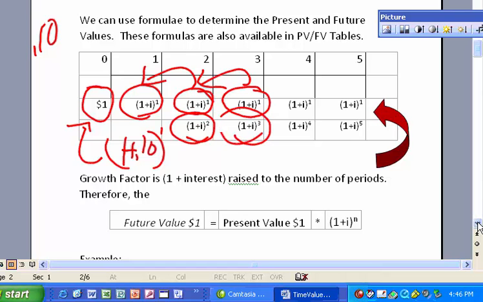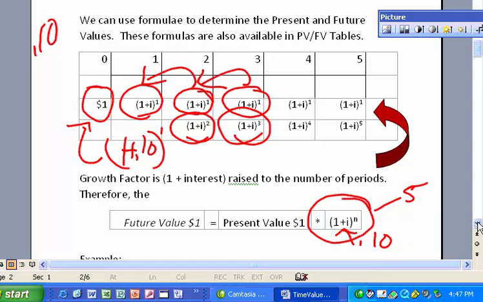So you can see for any given future value, you can take the present value times 1 plus i to the nth power. You'd pop in your interest rate, maybe 10%, and then the number of periods. Let's say it's 5 periods.